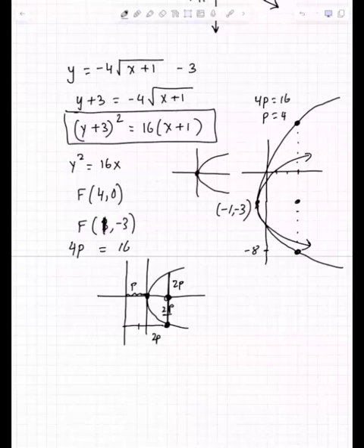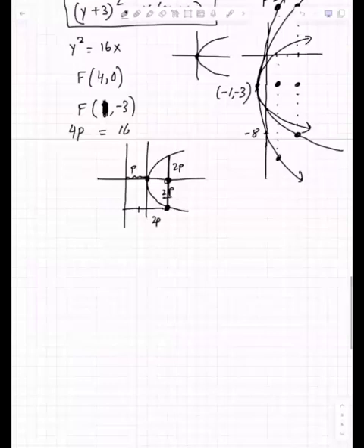My God. We shifted to the left by 1 and down by 3. So focus is 1, negative 3. Okay, so then up by 4, 2p is 8. 2, 3, 4, 5, 6, 7, 8 there. And down by 8.